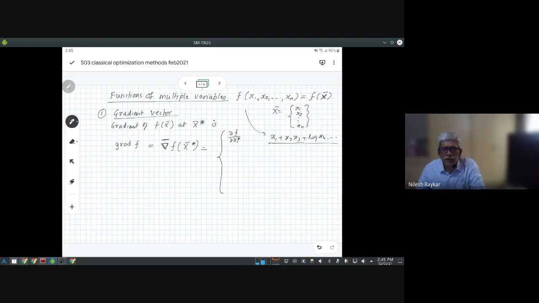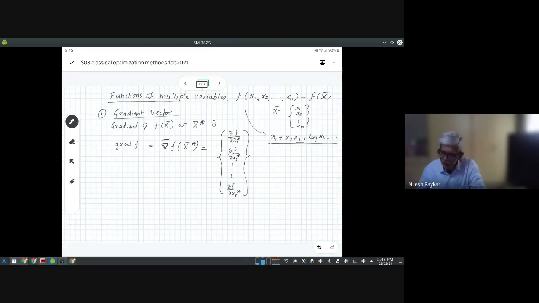The gradient of the function will vary depending on which point you are choosing. The second one will be the partial derivative of f with respect to x2 star, and so on right up to the last one. So this is the definition of the gradient vector.